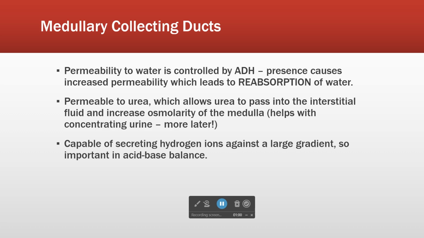So when patients are decidedly acidotic, particularly if they've had acidosis for a long term, like we'll talk about on Friday, like if you have a patient with COPD who has a PCO2 of 80 for 6 months, well, their medullary collecting system is going to be secreting a lot of hydrogen ions, right, in order to accommodate that increased acid load.